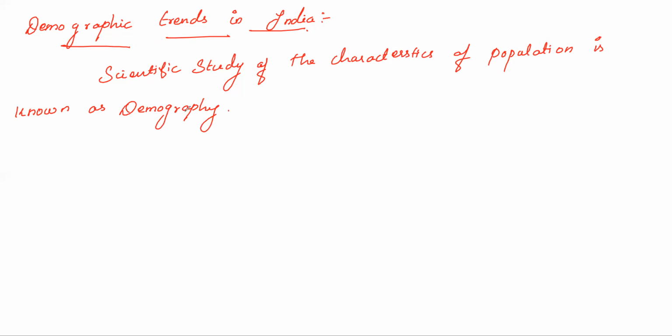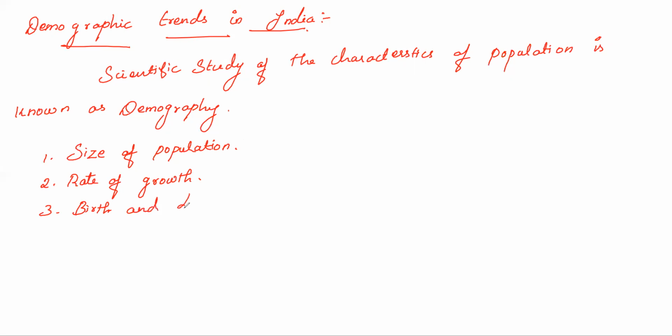So the various aspects of demographic trends in India are: first one, size of population. Second one, rate of growth. Third one, birth and death rates. Fourth one, density of population.